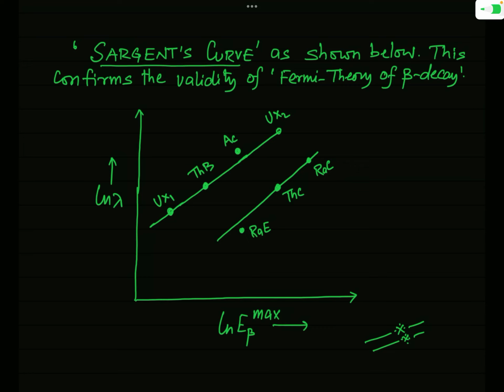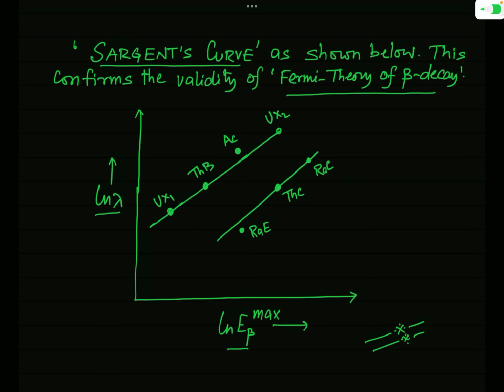Such a graphical plot is known as Sargent's curve, and in this figure I have plotted ln lambda against ln E beta max. Since the graphical plot is just the Sargent's curve, this confirms the Fermi theory of beta decay. This plot resembles Sargent's curve, and therefore we say that Fermi theory of beta decay is valid.